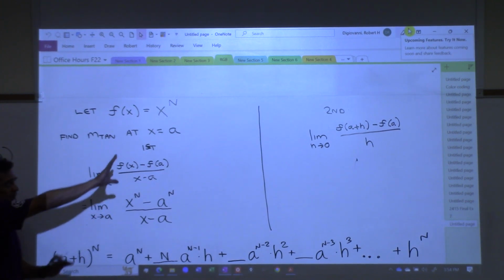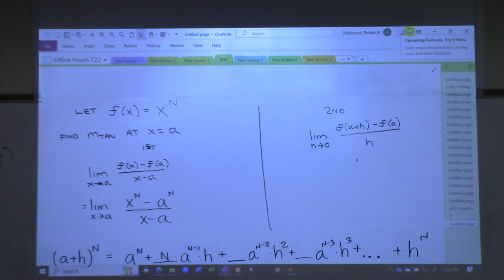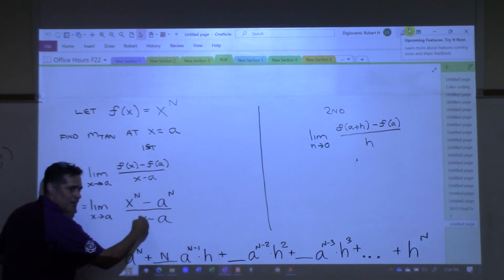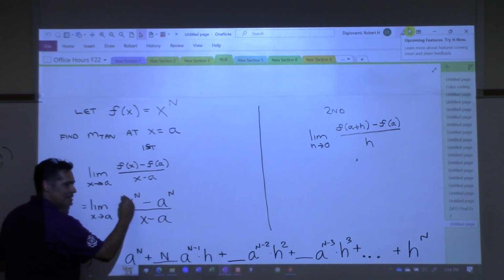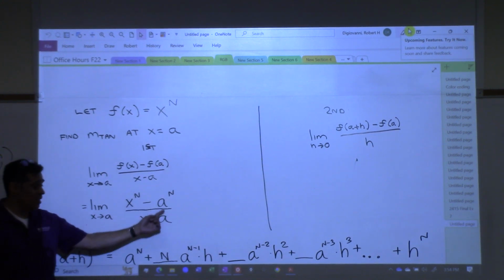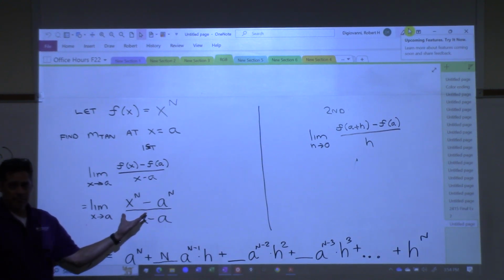Let's continue with this before I do the second definition. What algebra can you do? You can't cancel anything here, because there's subtraction between these. That's not the way reduction works. You have to have multiplication. So is there any algebra that you know that you can do here?